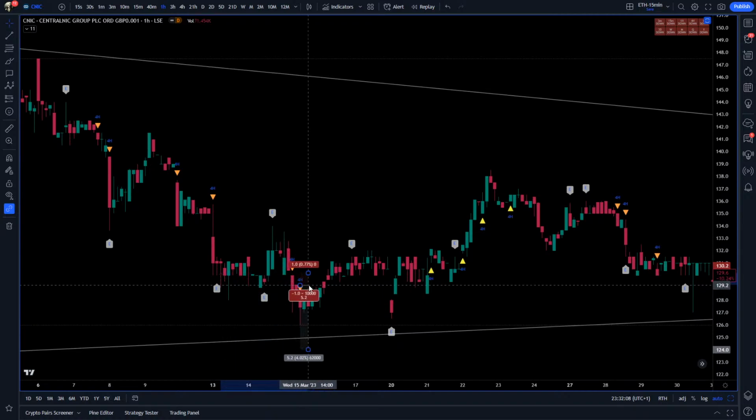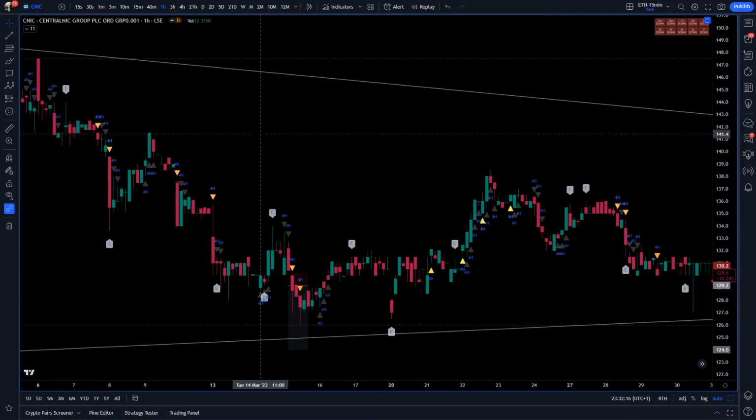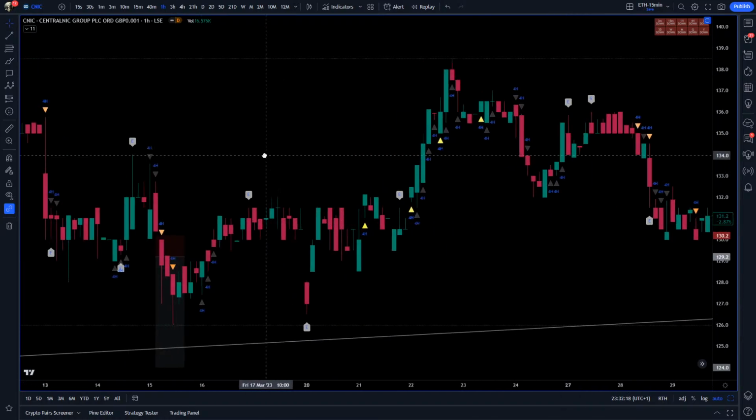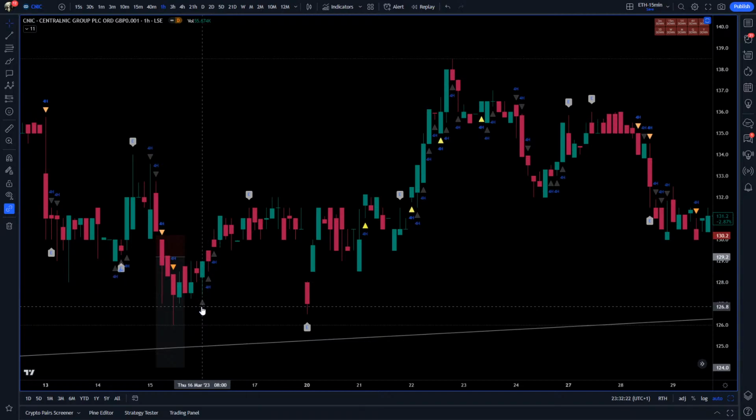Okay, these gray signals are the exit signals.